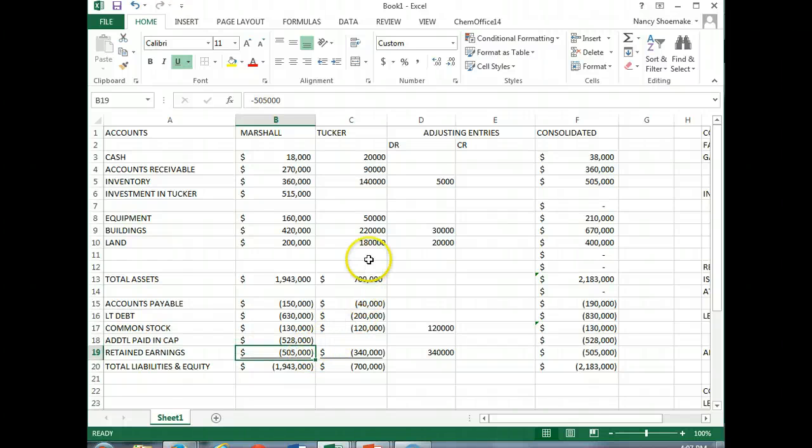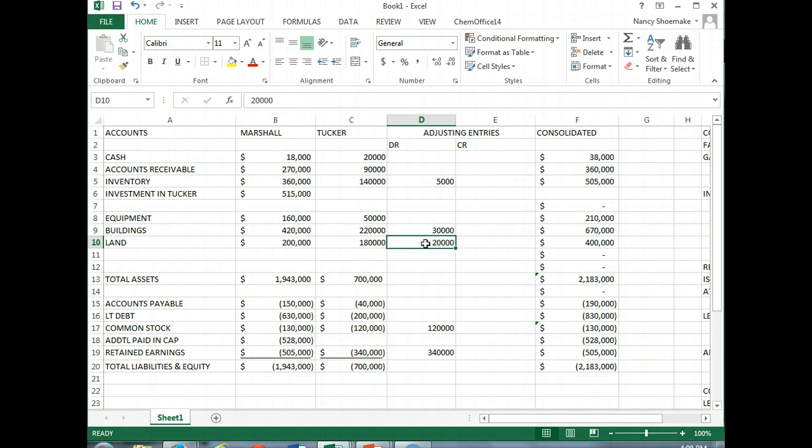Then we've got Tucker, the 20, the 90, 140, everything shows here. Now, part of the acquisition needs to report these items at fair value, okay?